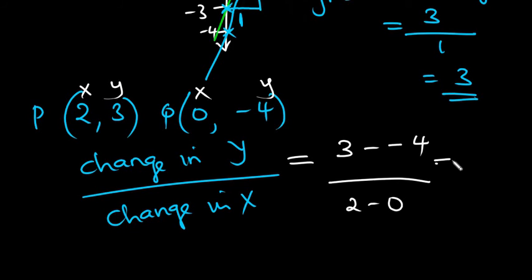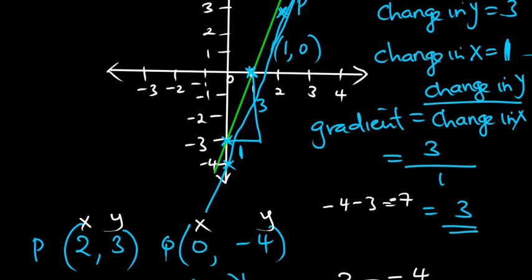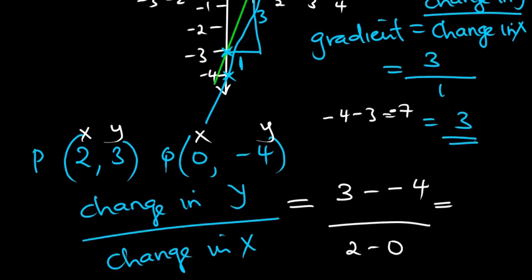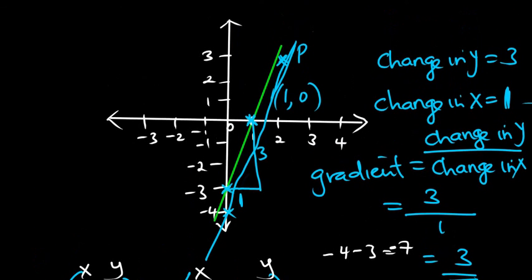Still, you can do it the other way around. You can start from point Q to P. When you start with point Q, the change in y is going to be from -4 to 3. Even if we subtract -4 minus 3, we're going to get -7, but we don't consider the negative sign because we are talking about units, intervals. How many intervals are there between -4 and 3? -4 is down here on the y-axis.